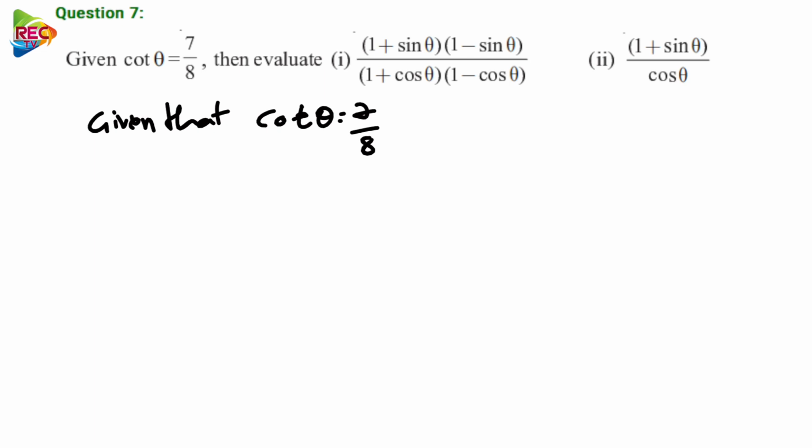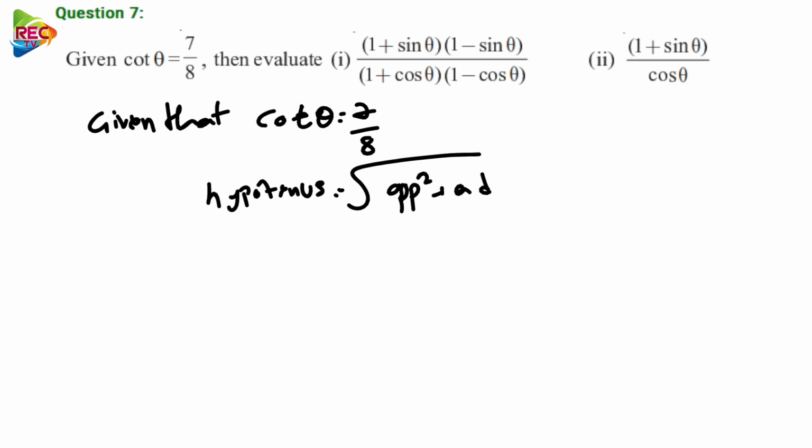So here cos theta equals adjacent side by opposite side. So 7 is adjacent side and 8 is opposite side. By using Pythagoras theorem, hypotenuse equals square root of opposite square plus adjacent square.